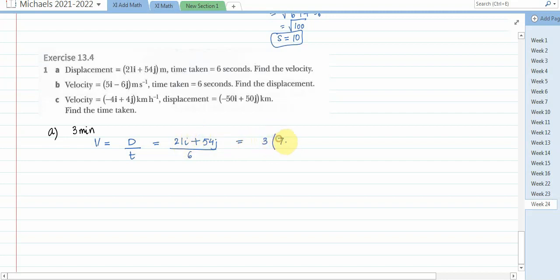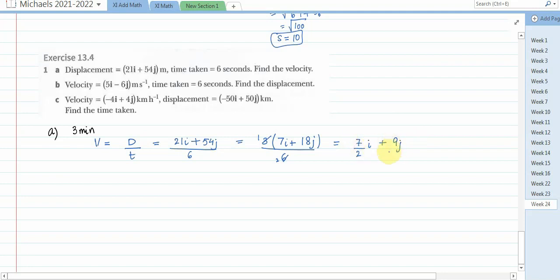Inside the bracket it's 7I plus 18J divided by 6. So you can say that 3 ones are 3, 3 twos are 6, that will be 7 over 2I plus 18 over 2, that will be 9J. Alright, that is your velocity expression.